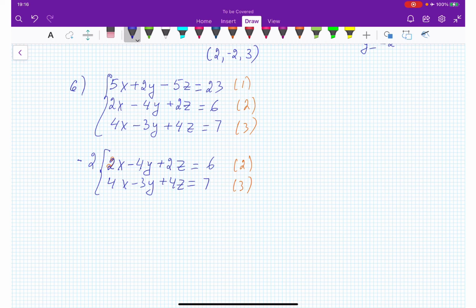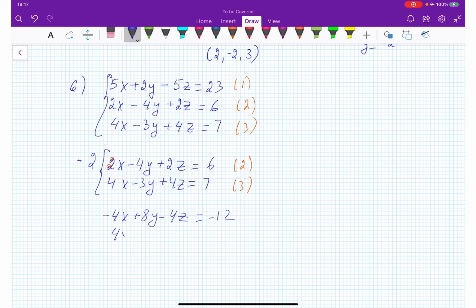So, negative, we distribute, right? It's going to be negative 4x plus 8y minus 4z, right? Multiply by negative 2, every single one of them, negative 12.